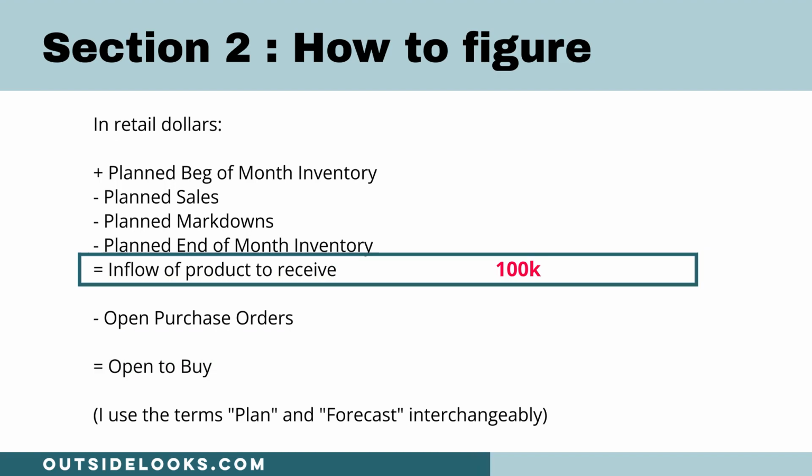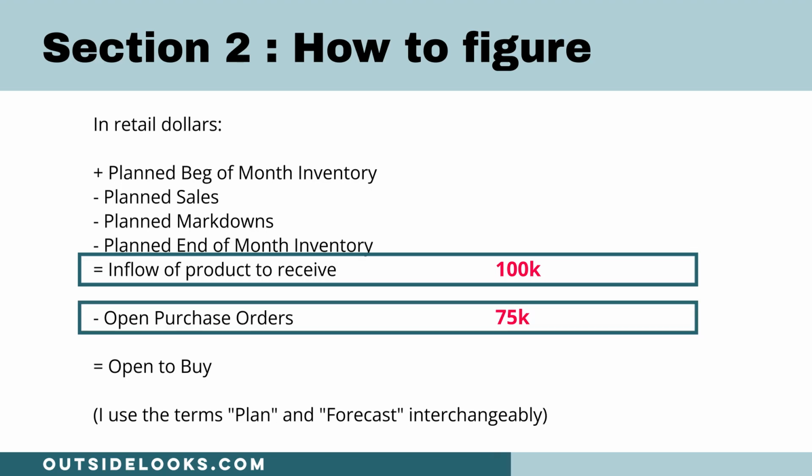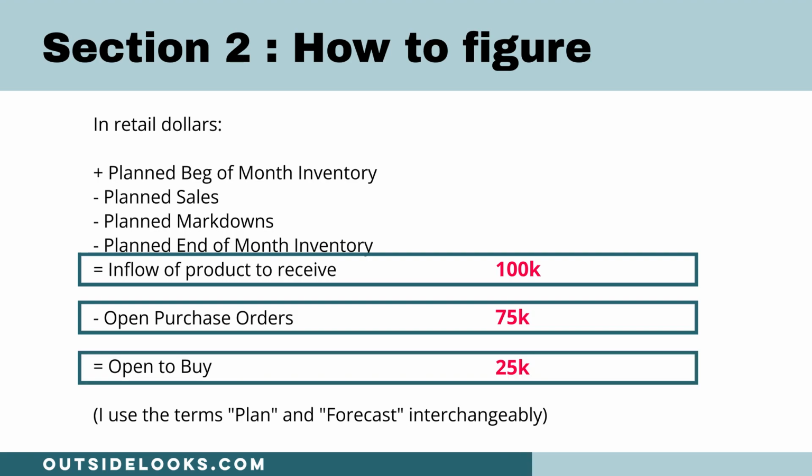Let's say our inflow is 100 and our open purchase orders are 75, so that means that we have 25 open to buy. 25,000, let's say, of what we need to spend in order to make our end of month inventory plan. So a positive number in open to buy means that you have available dollars to spend on new purchase orders.